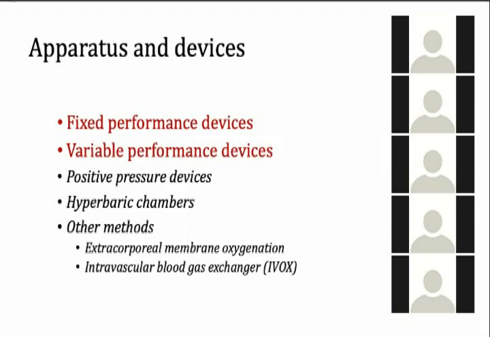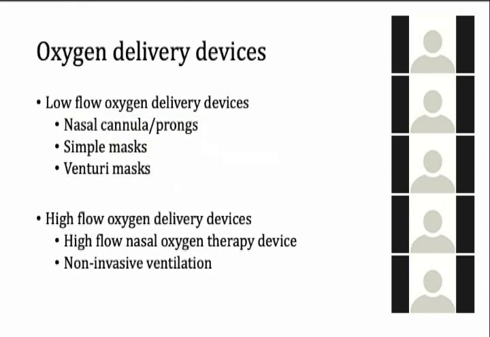I will be mainly talking about the classification where we divide devices into fixed performance devices and variable performance devices. I will tell you what these words mean in my next slide. As I said, this is how it is divided into low flow and high flow oxygen devices.